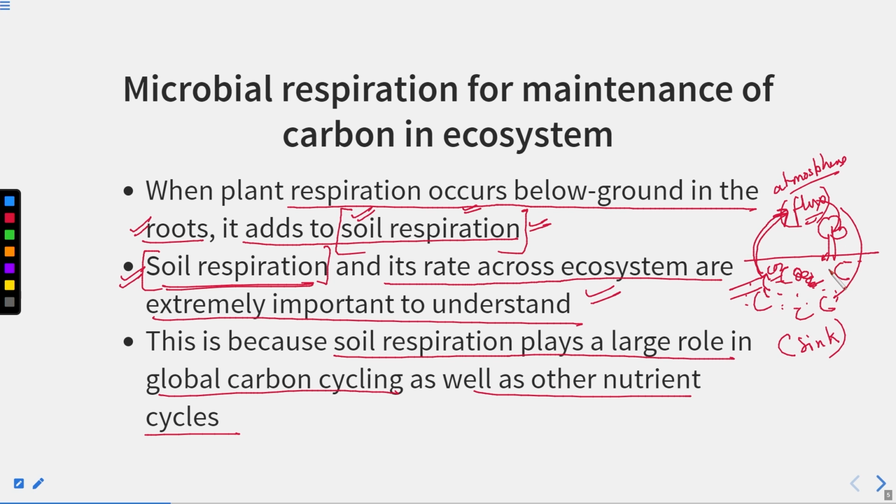Their organic matter gets decomposed and the carbon is present in the soil again. So now you can understand how carbon is moving through the atmosphere, and this is global carbon cycling.